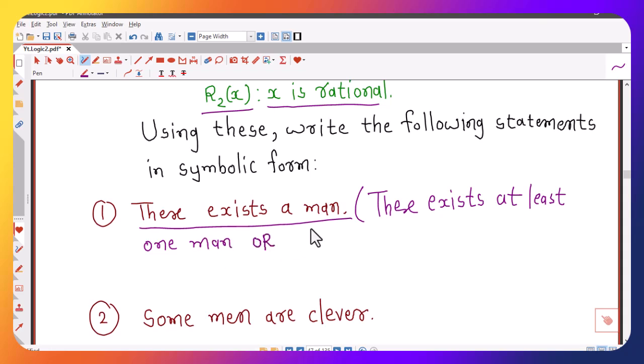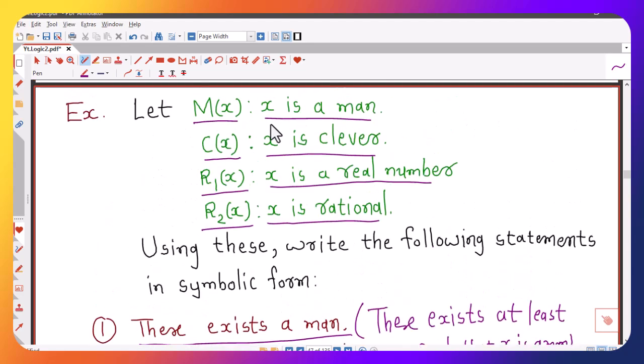Or we can write in this way also: there is an x such that x is a man. All these are equivalent statements.